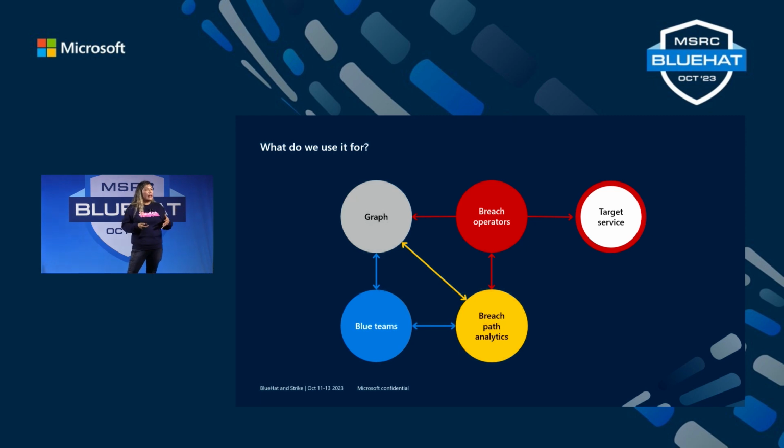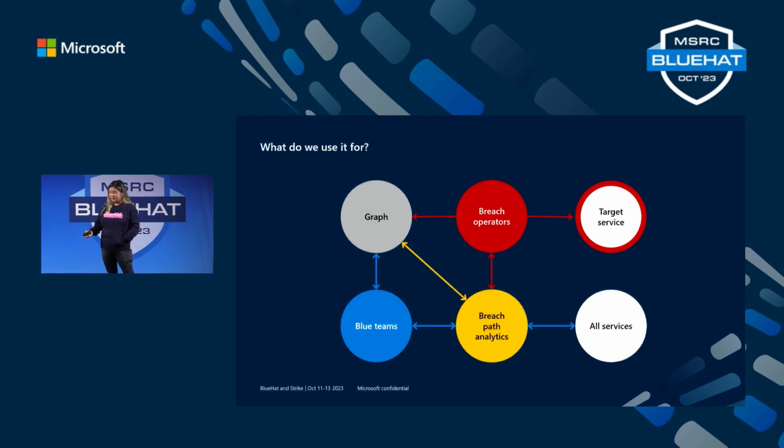And then we take all of that and try to distill it into a format that can be consumed by our service teams and by the people who can actually interact with all of this stuff and the owners of the resources, so that they can go and close down their issues.